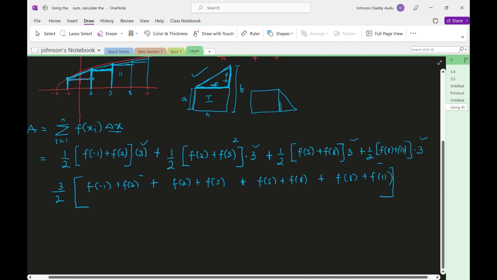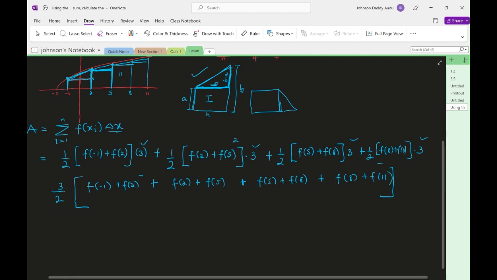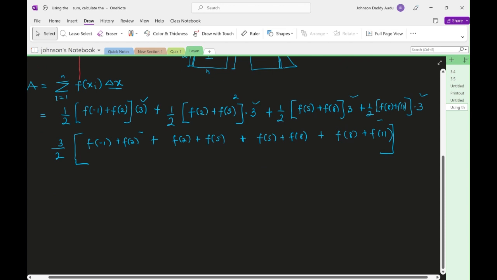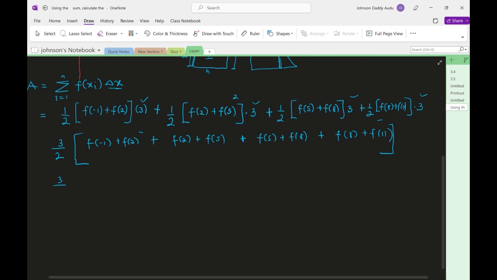Now, the next thing is just to substitute our function. Don't forget, what is the function? The function is f of x equals root of x plus 2. Now, even if you don't want to make a lengthy calculation, you can see something is happening here. This is 3 over 2. How many f of minus 1 do we have? We have only one f of minus 1.